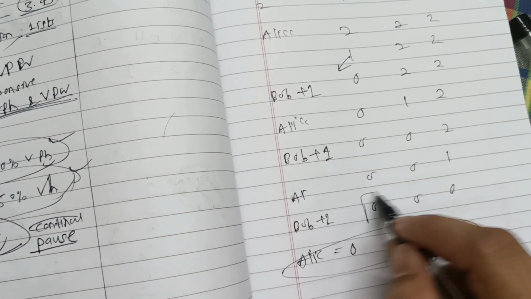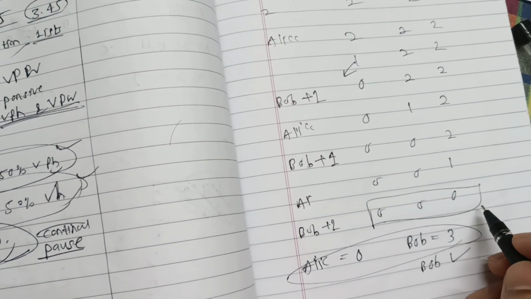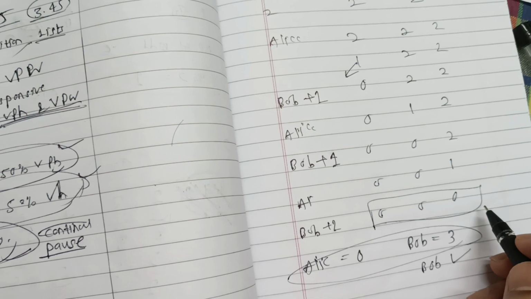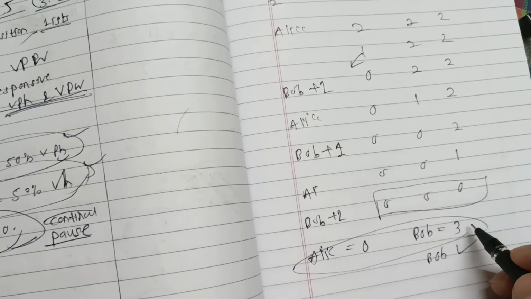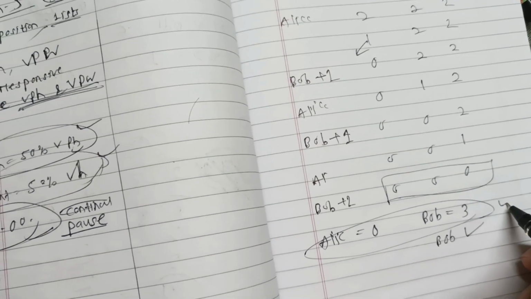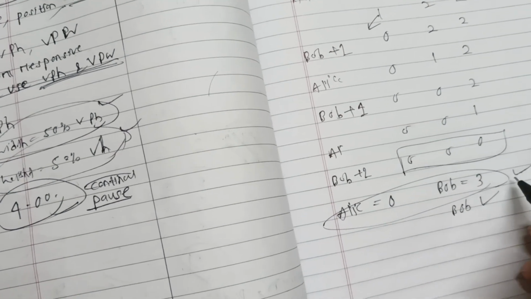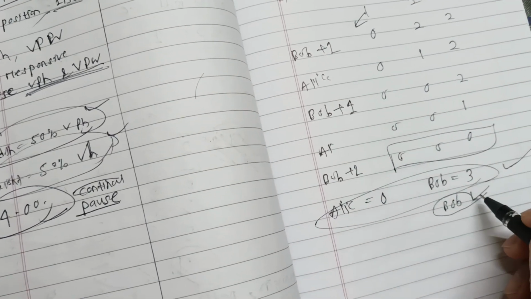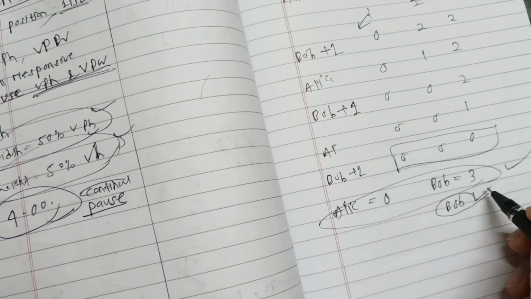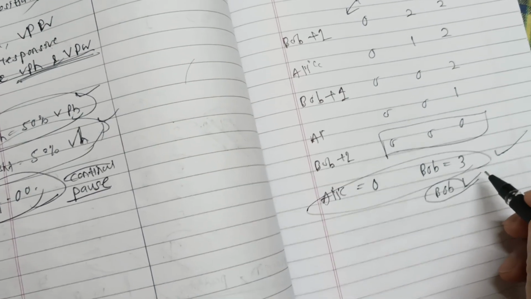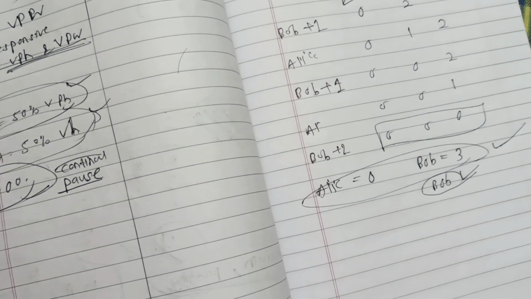If the balls are empty from every bucket, then the game ends, and whoever is the winner, we have to print the name. If both got equal points, then we have to print draw.